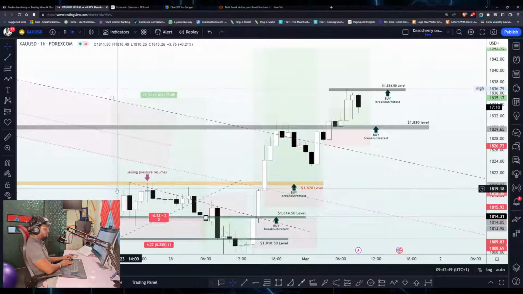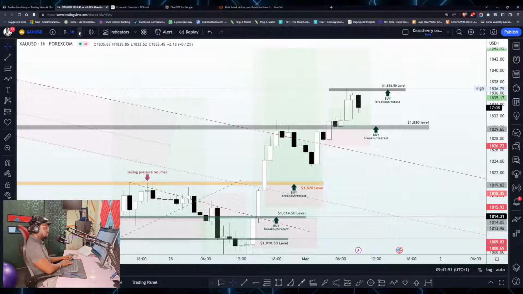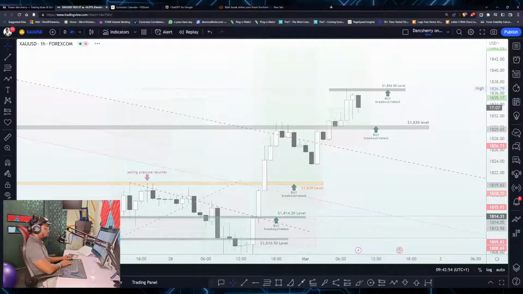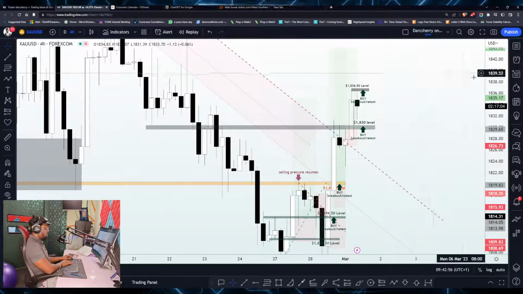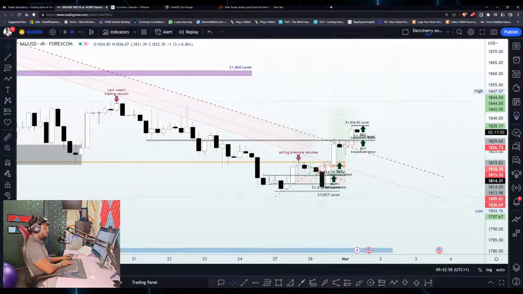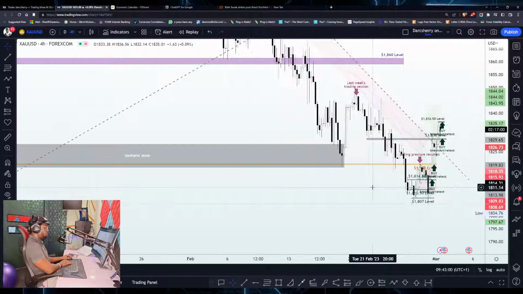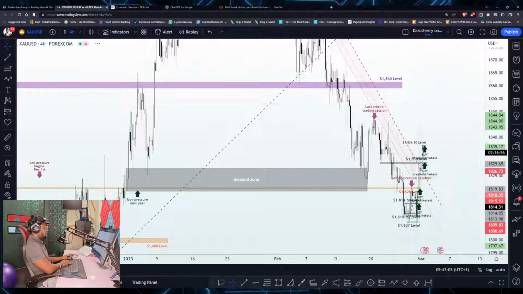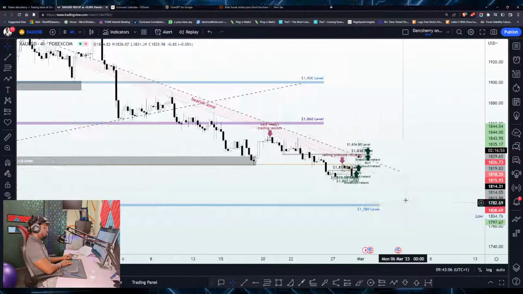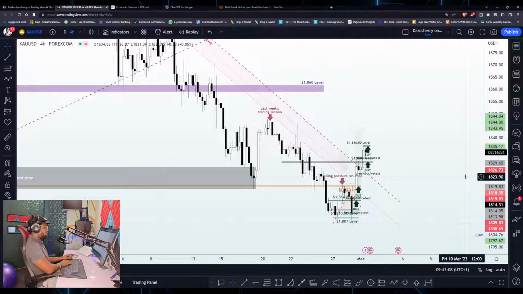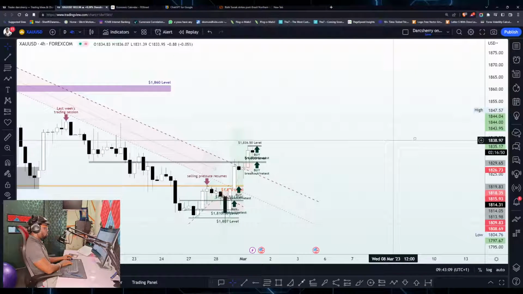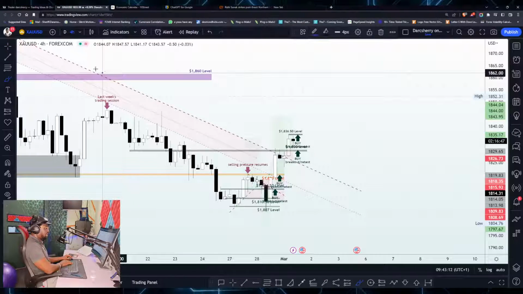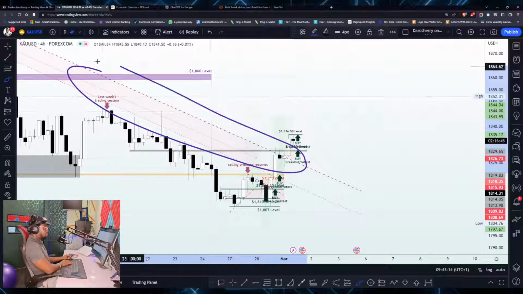And some people have been sending me messages asking where our TP target will be on the XAUUSD. Well, if we look at the structure from a holistic point of view, on the higher time frame, one thing we should take note of is that price action has broken out of that bearish trend line that we identified at the beginning of the week.